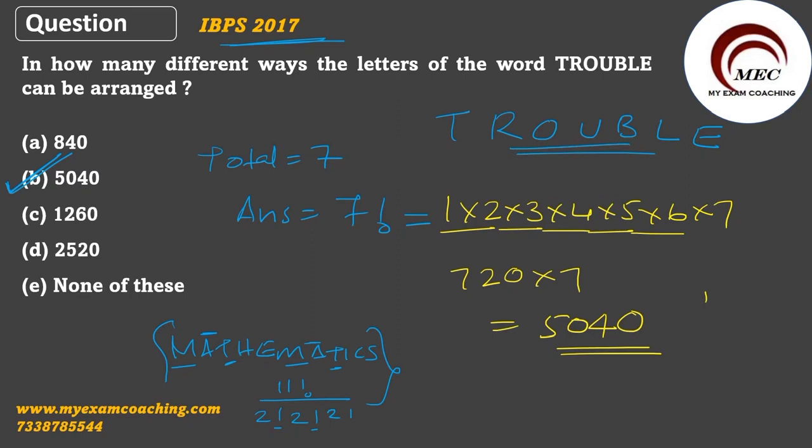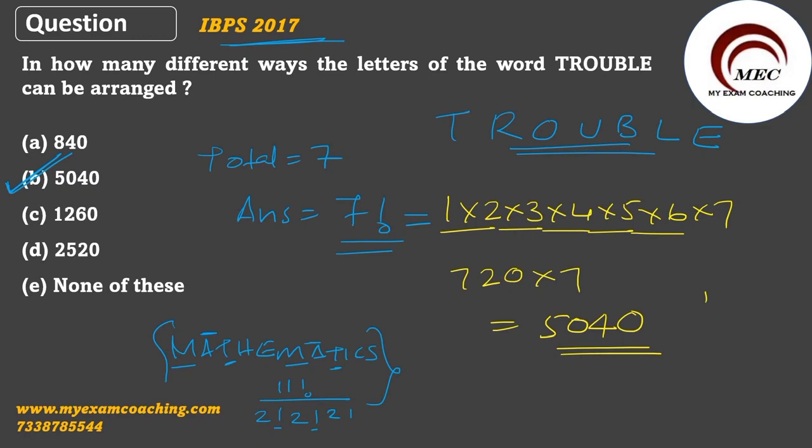If no letter is repeating, then directly you can say total, which is 7, means 7 factorial. If there is no repetition, you can find the answer by finding the factorial of the total number.